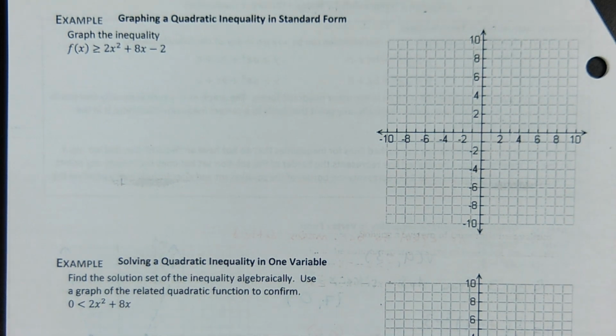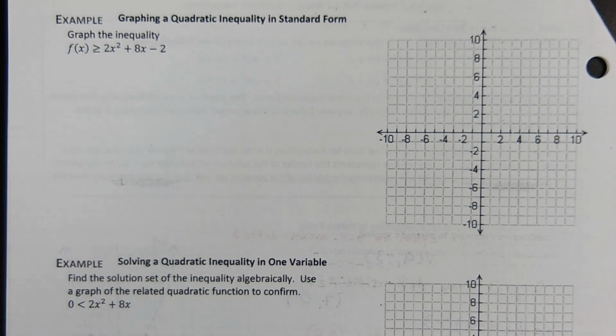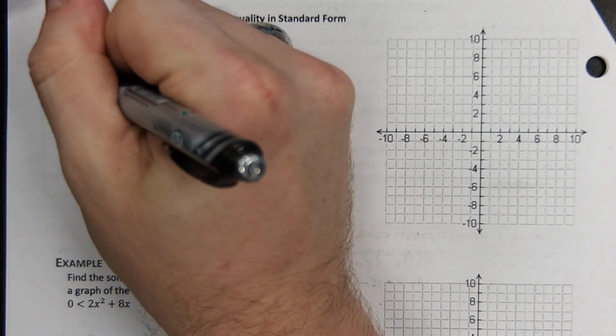Alrighty. This one is in standard form. However, I would like to change the question because I didn't want anybody to make any false assumptions. So I'm going to go ahead and write a new question, and I'm going to scribble this one out.